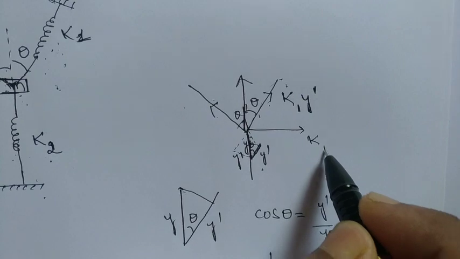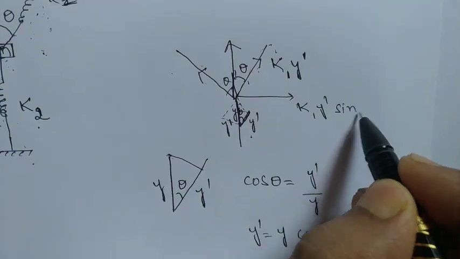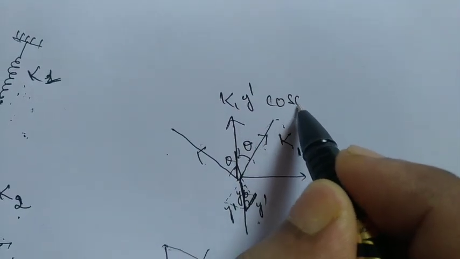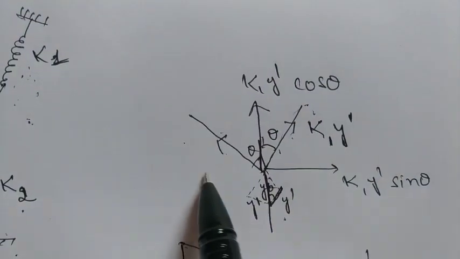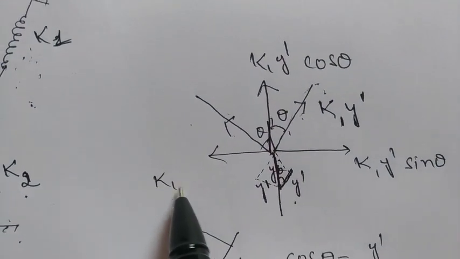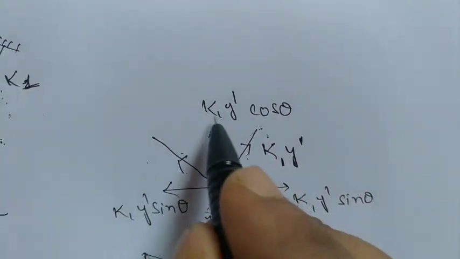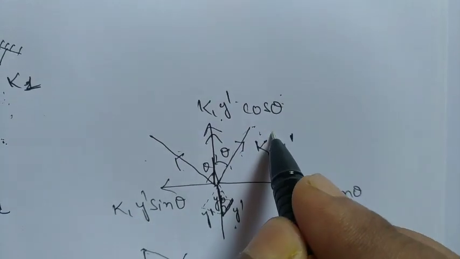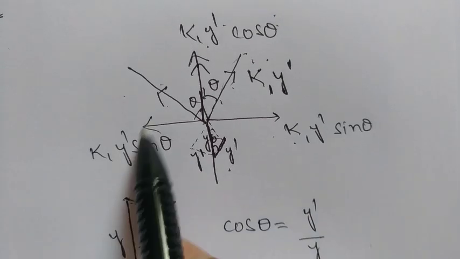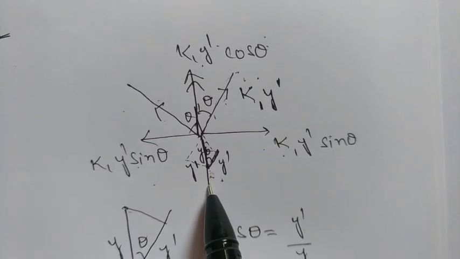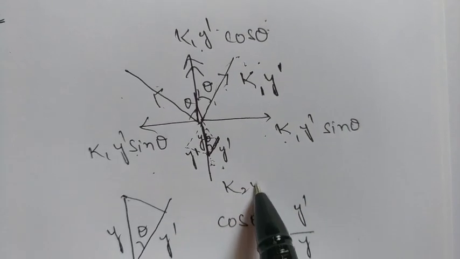So this is K1 Y dash sin theta, and this is K1 Y dash cos theta. Same for the second spring also: K1 Y dash sin theta and K1 Y dash cos theta. The horizontal components are equal and opposite to each other, so they cancel out. The restoring force developed in the other spring is K2 Y.